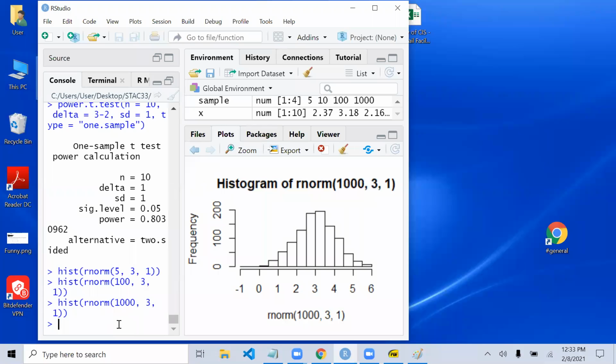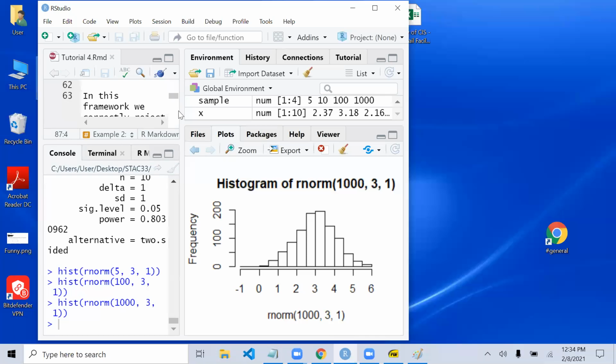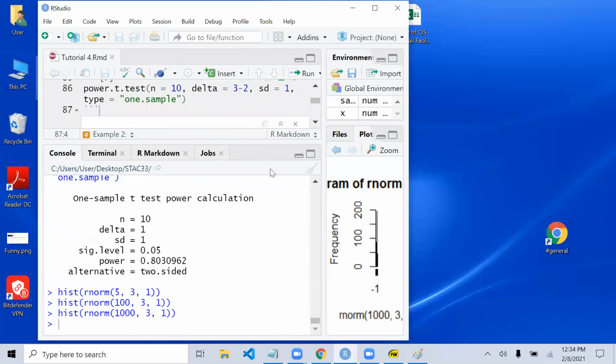When you increase your sample size, sigma over root n, which is your standard error, gets smaller by a factor of root n. So you increase your n, and sigma over root n is getting smaller and smaller. Of course, your standard error decreases, and you're going to see a better point estimate for your mean.